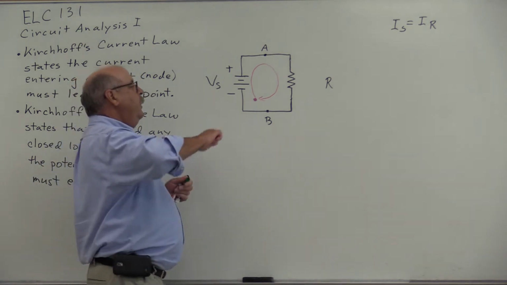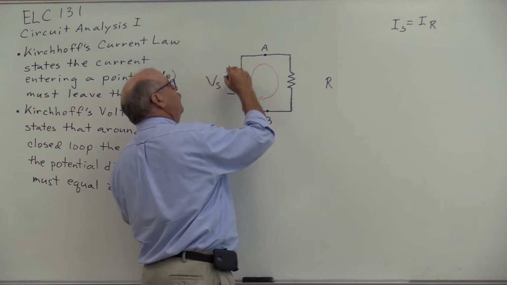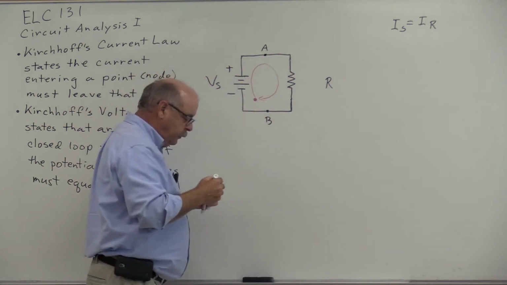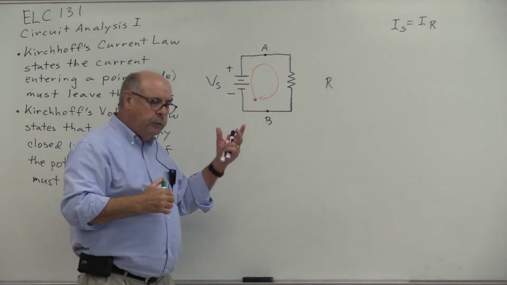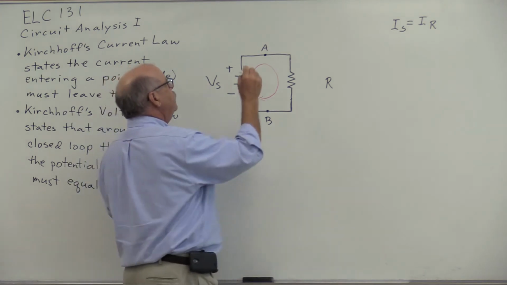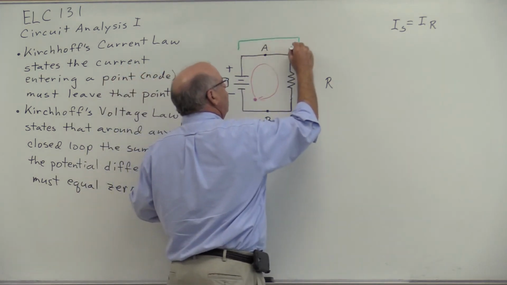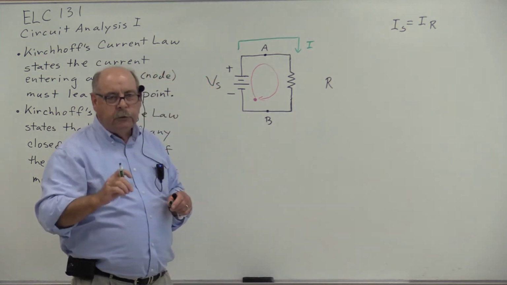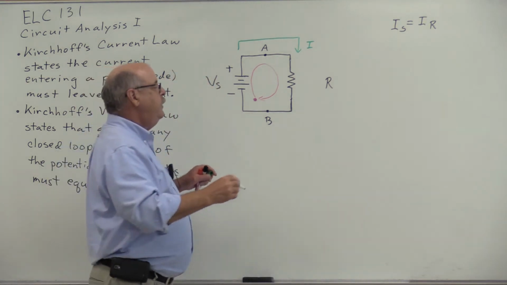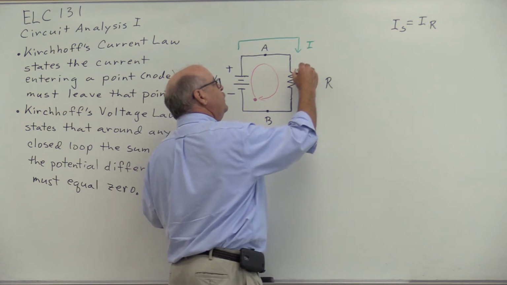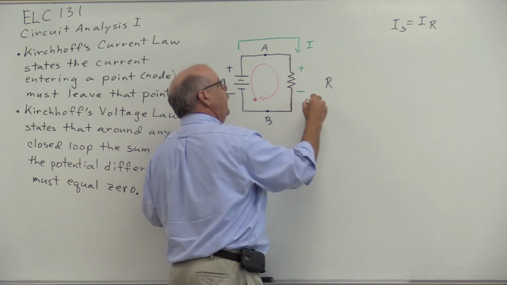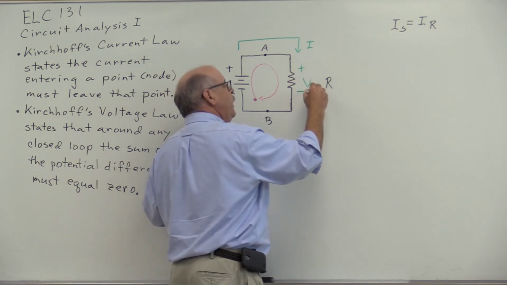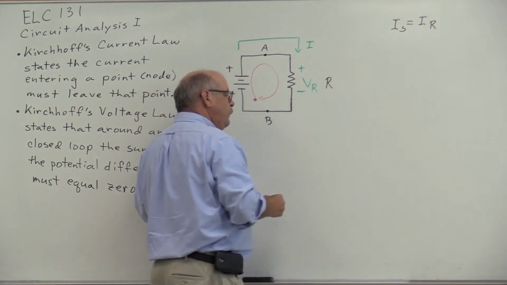Now, we know that when we apply or connect this voltage source to this closed loop, that current's going to flow through the resistor, and when current flows through a resistive element, we see a difference in potential energy, a drop in energy across that resistive element.